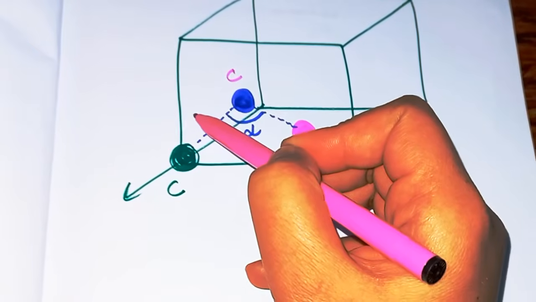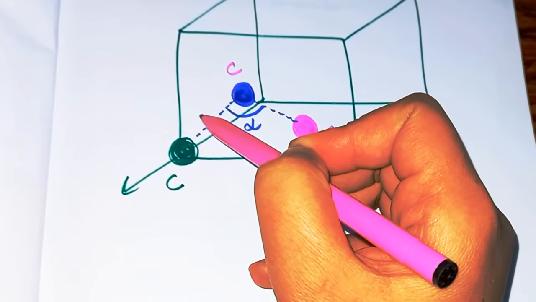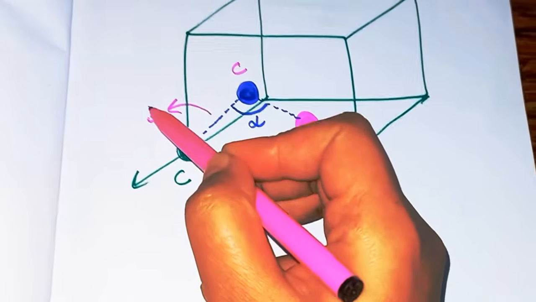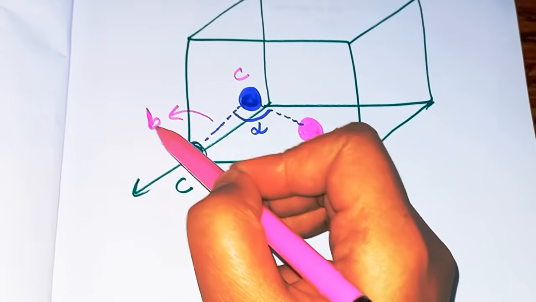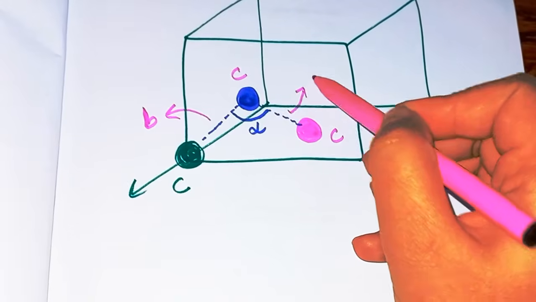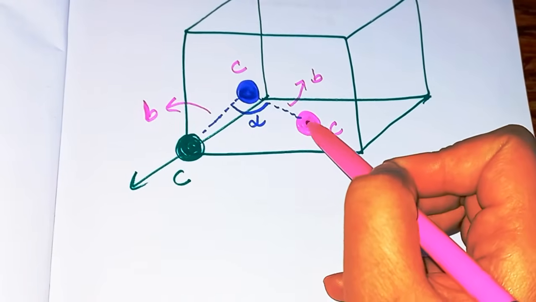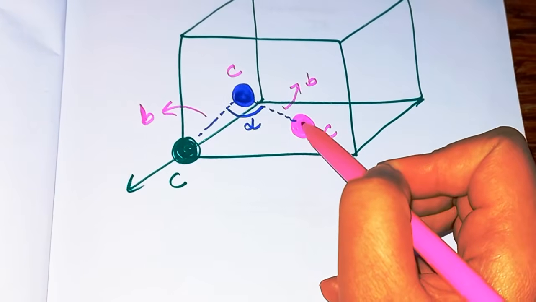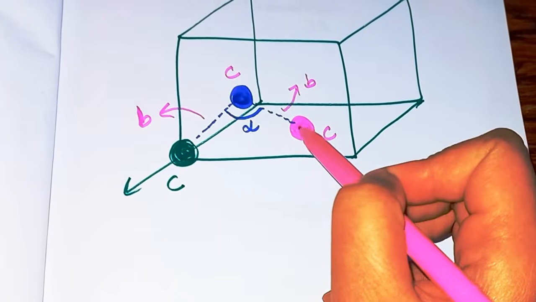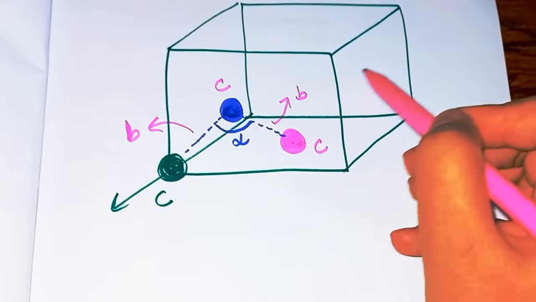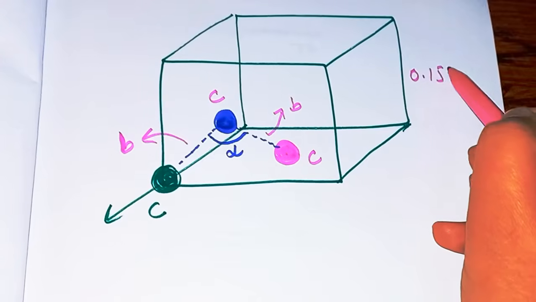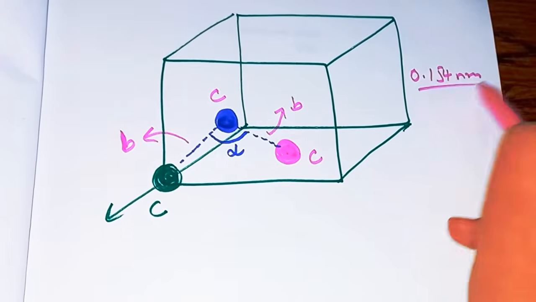This length is the bond length, and we can let it be B. This is the bond length as well, because they are bonding with each other, hence the distance between two bonded carbons is B, which is 0.154 nanometer. Okay, that was given.